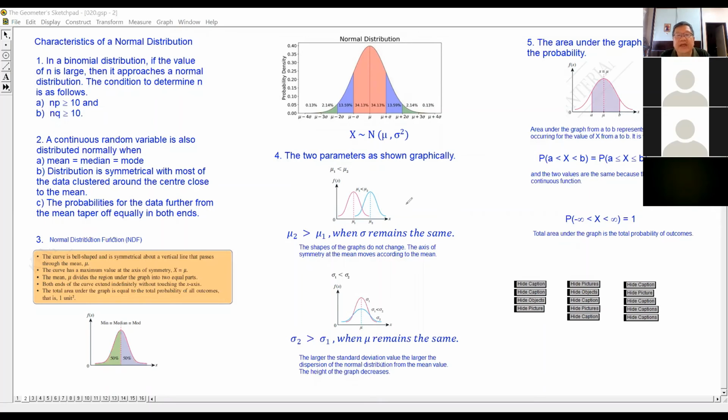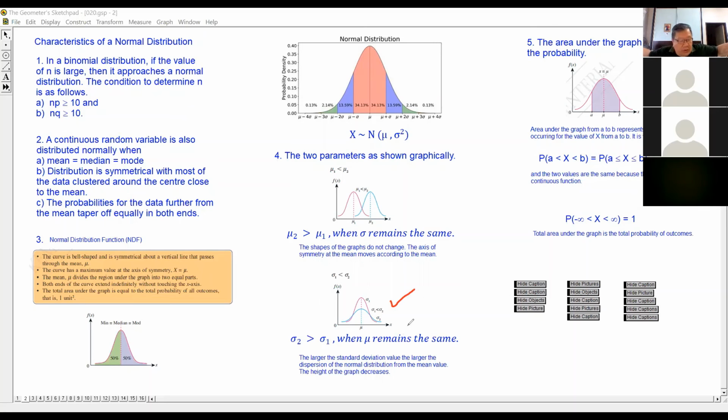What happens if the mu is the same but the sigma is different? It will be like this. Let's say both have mu 42. The blue curve and the red curve both have mu 42. Let's say the blue curve is shorter and fatter.